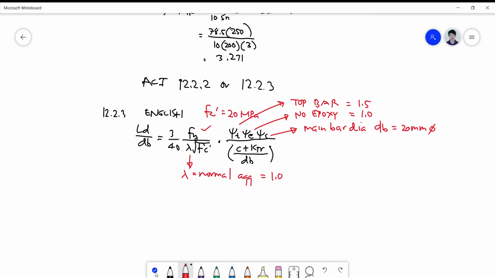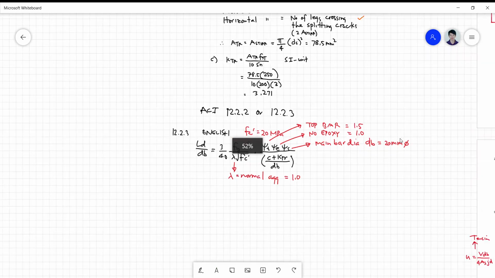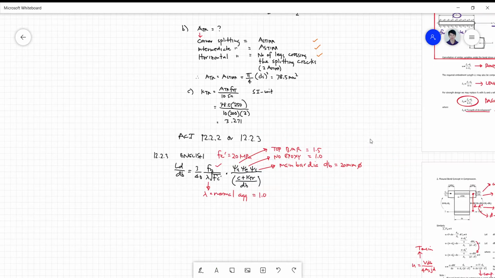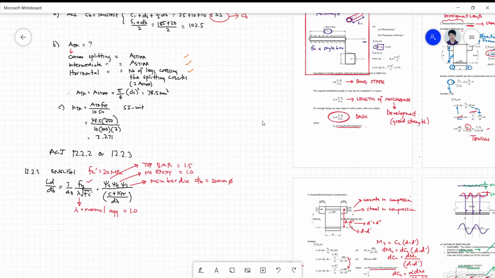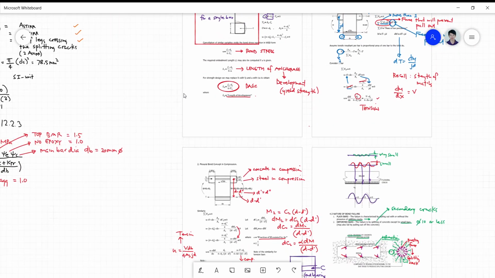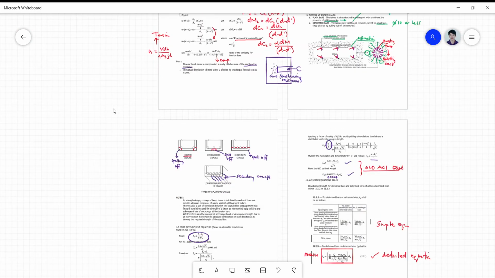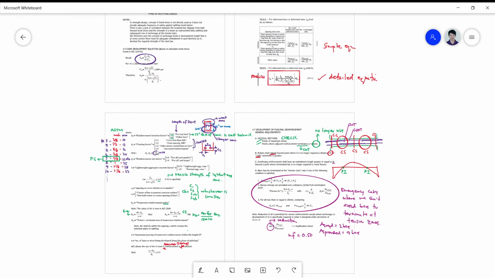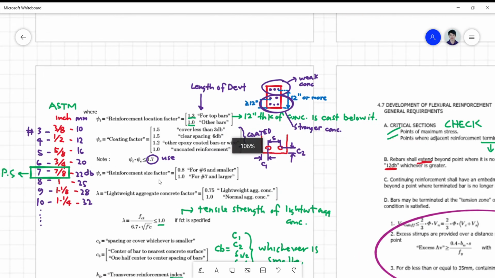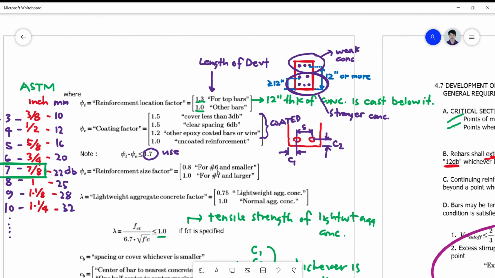So let's look into the code. Okay, so I cannot memorize it, of course. So what's the reinforcement factor? Okay, take a look. For number 6 and smaller, it's 0.80. Okay, what is number 6 again? Number 6 is 20.